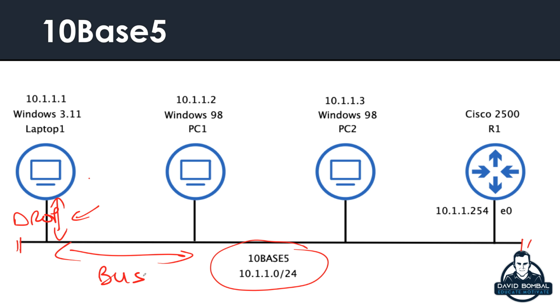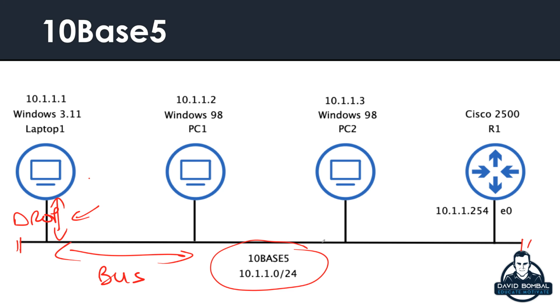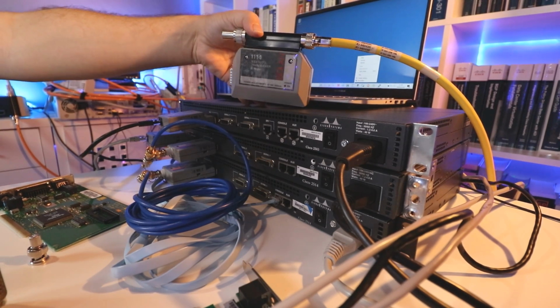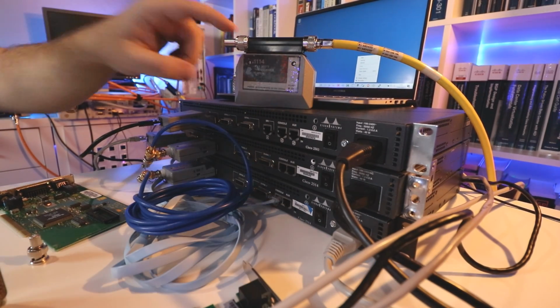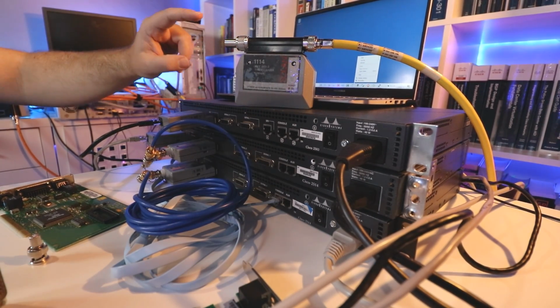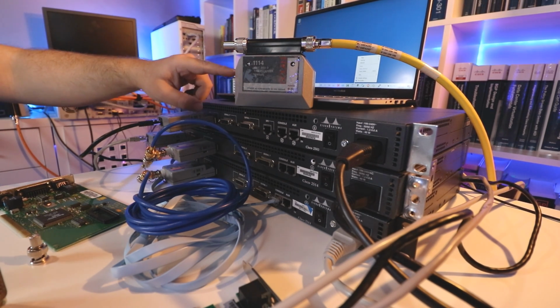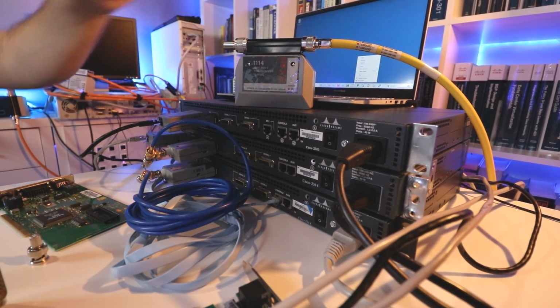It's a bus because it's one long Ethernet cable. So behind me, I've got 3 PCs. I've got my Windows 3.11 laptop. I've got 2 Windows 8 PCs, and I've got a 2500 series router. That's the router at the bottom here. This is the end of my Ethernet cable. So I'm going to be connecting the router to 10base5 using the drop cable and my transceiver onto the 10base5 network.